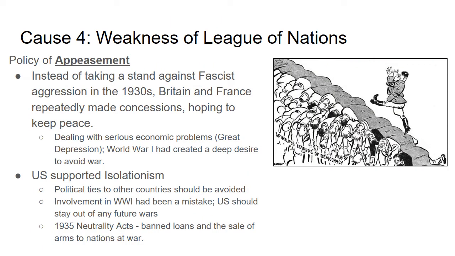Really, the only action that the leaders in France or Britain or the United States could have taken to stop Hitler or Mussolini or Hirohito in Japan from doing what they were doing would have been to declare war and to go to war.